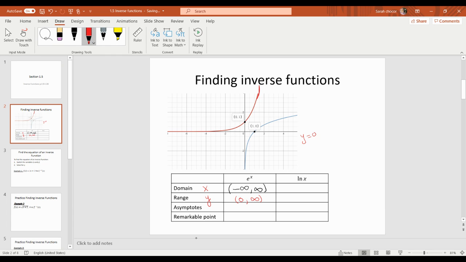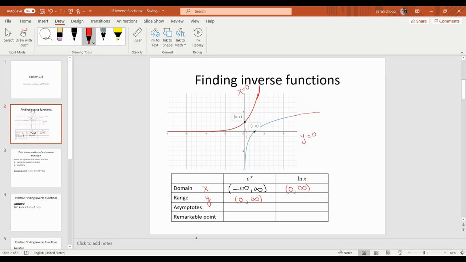For the log function, and here specifically the natural log, which is the blue graph right here, if we talk about domain, so left to right, most to the left, which is this part right here. If you remember, we call it an asymptote, it is the y-axis, and the y-axis has the equation x equals 0. So this starts at 0 and goes all the way to the right, which is infinity.